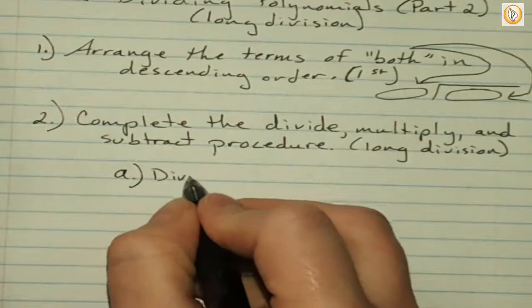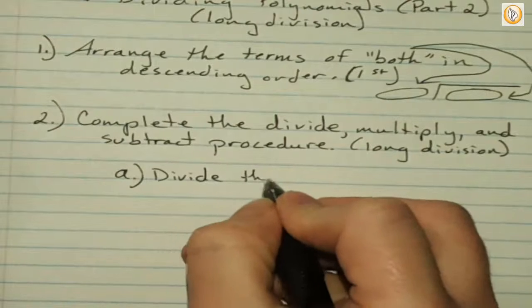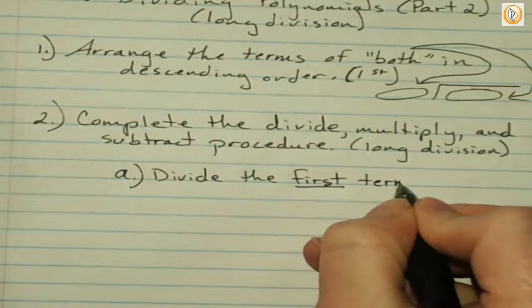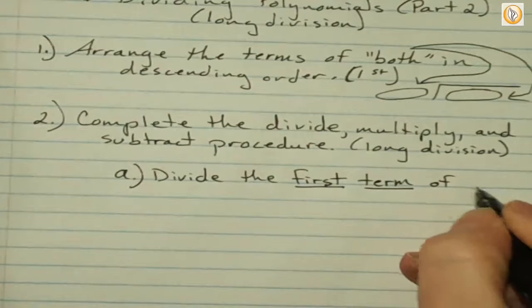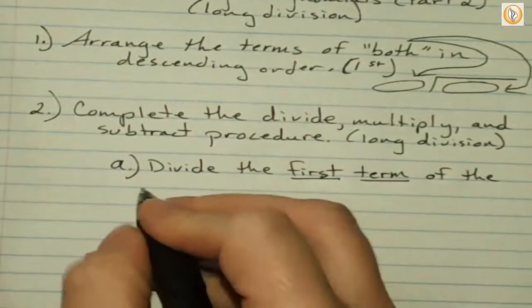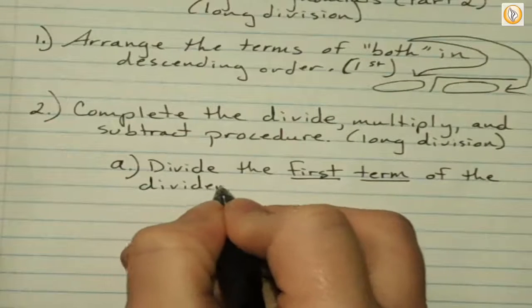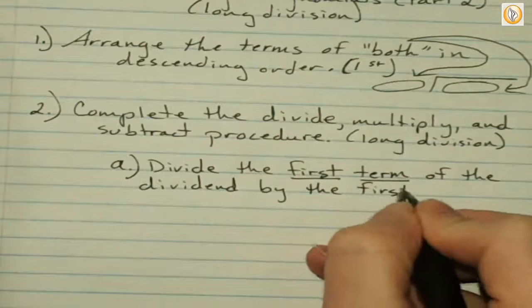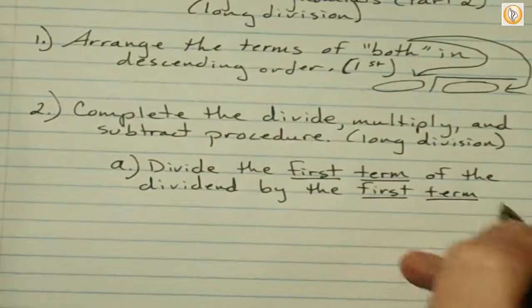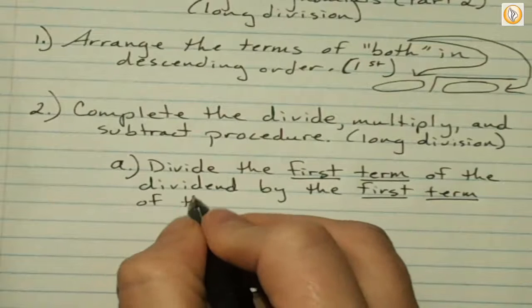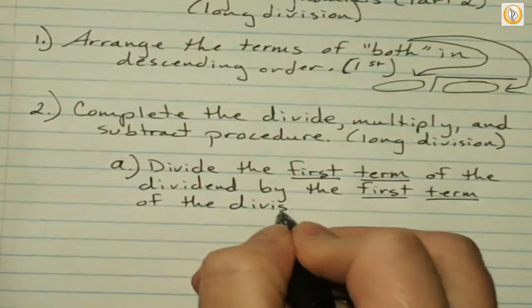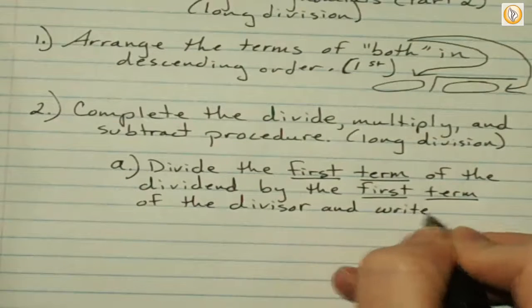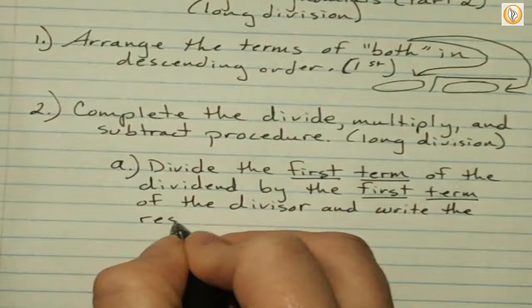You're going to divide the first term of the dividend by the first term of the divisor, and write the result.